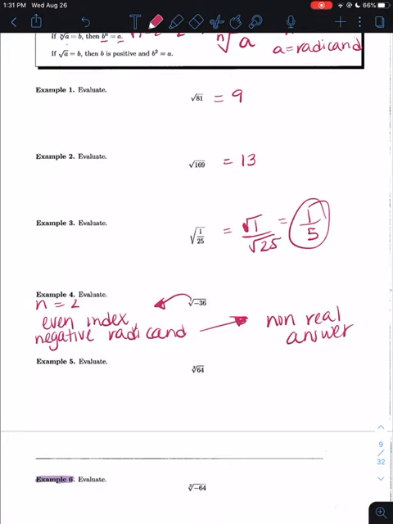So in my math lab, if you were given a problem, what's the square root of negative 36? The answer would be that it's a non-real answer. And that's because the index is an even number, and the radicand, the number underneath the radical symbol, is negative.